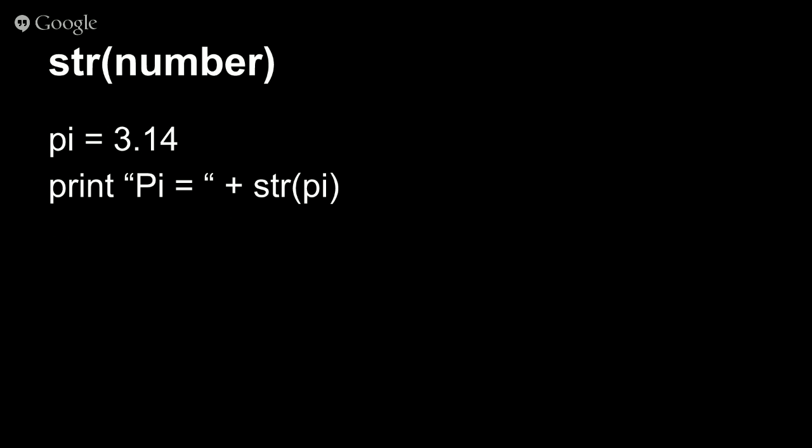str. Now, this is sort of a combination of numbers and printing. The print method doesn't actually know how to use numbers. When you say print, it doesn't know how to print numbers out, so you have to help it along a little bit.